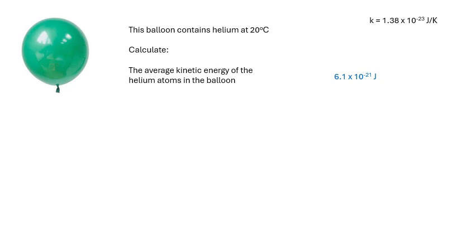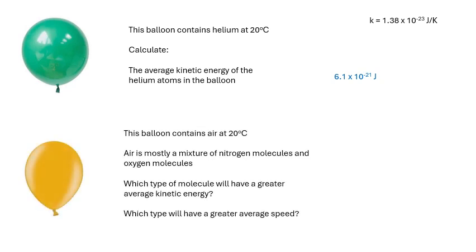The second one's a little bit trickier, but you really should know it. It's a very common kind of multi-choice question. This balloon contains air at 20 degrees centigrade. Air is mostly a mixture of nitrogen molecules and oxygen molecules. Which type of molecule will have the greater kinetic energy? Which type will have greater average speed?